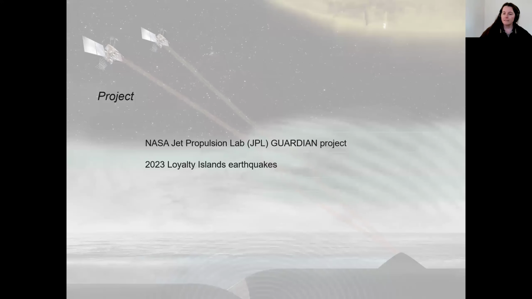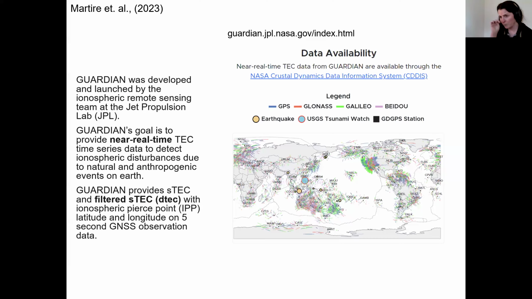So let's get into the project and the impetus and how it was developed or put together. And we'll start with Guardian. So the Guardian system was developed at NASA JPL as a near real-time monitoring system of total electron content, or TEC.